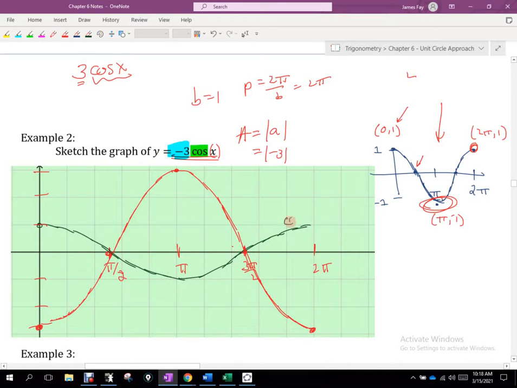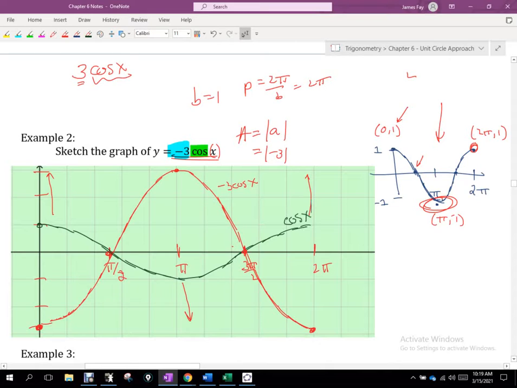Okay, so this is cosine of x, and the red one is negative 3 cosine of x. You can see the 3 produces a vertical stretch. Okay, that value stretched vertically, that value stretched vertically, and then they're reflected, right? Does that make sense? Okay, anybody have questions on that?